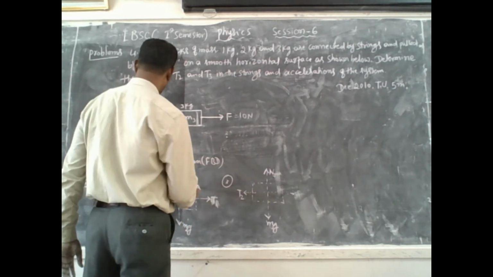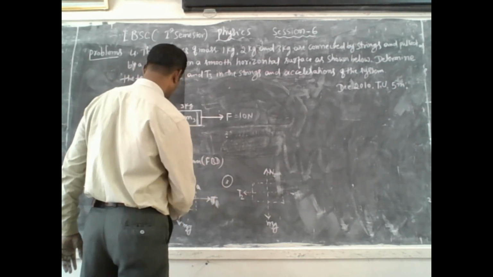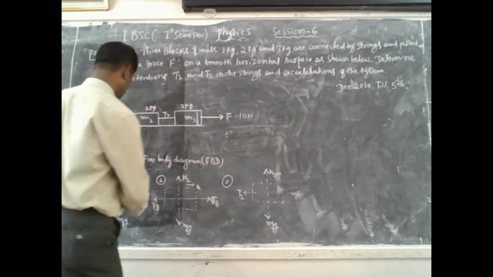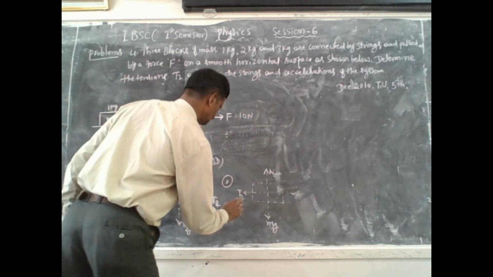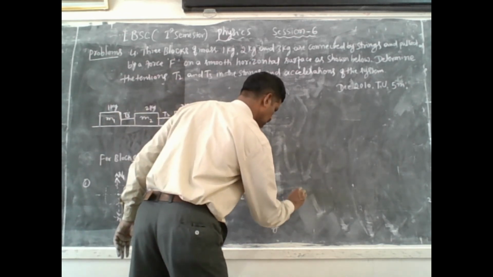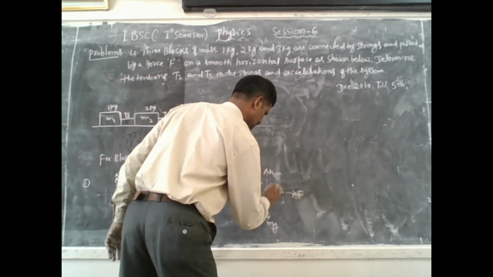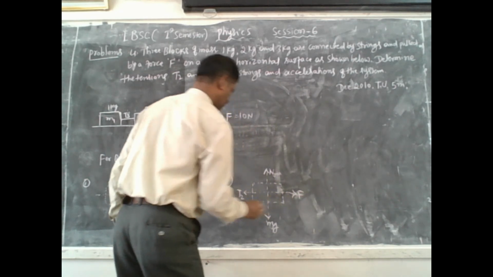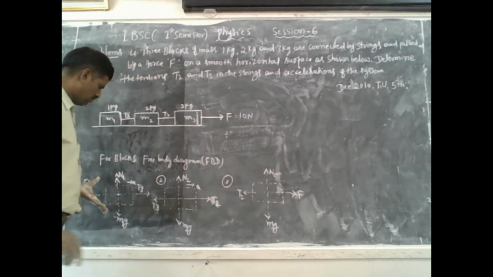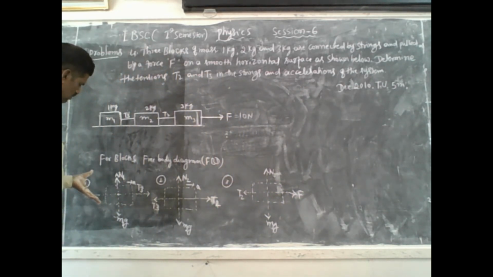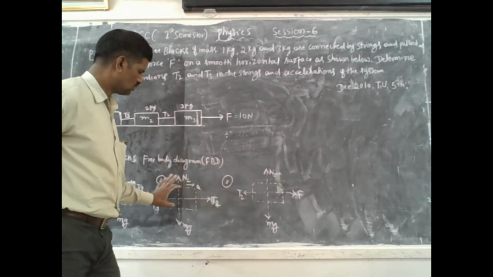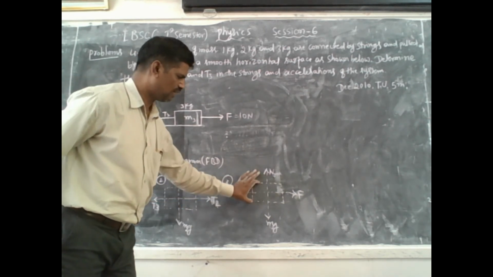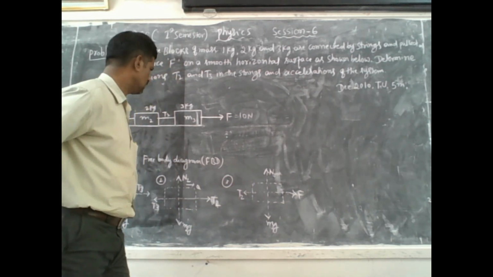And N2 and here is T3. This is for T3 and this is for T2. And T2 and here is F. This figure belongs to block 1, this figure belongs to block 2, and this figure belongs to block 3, isn't it?